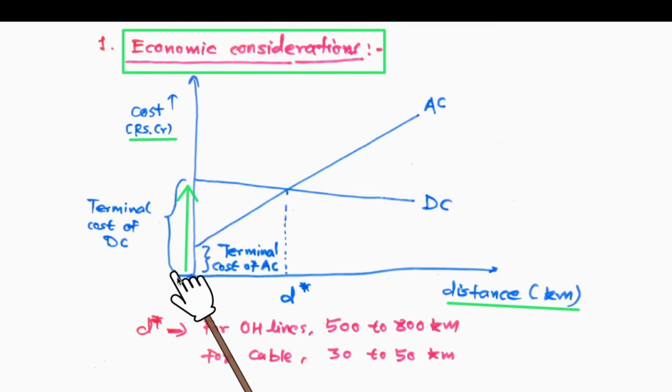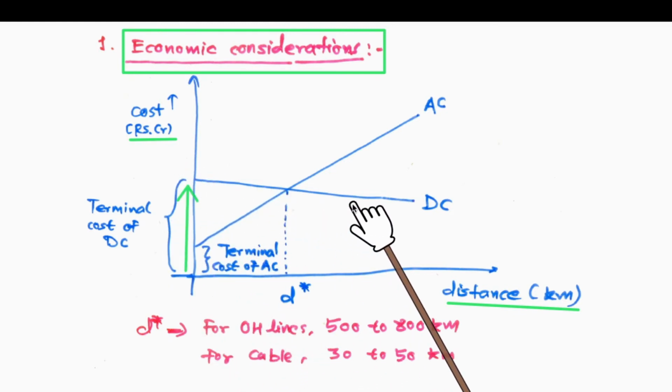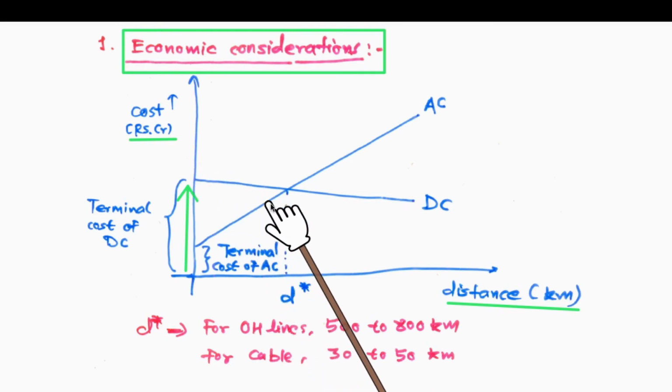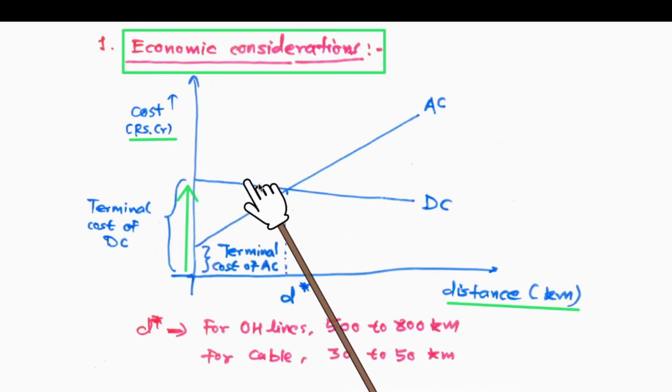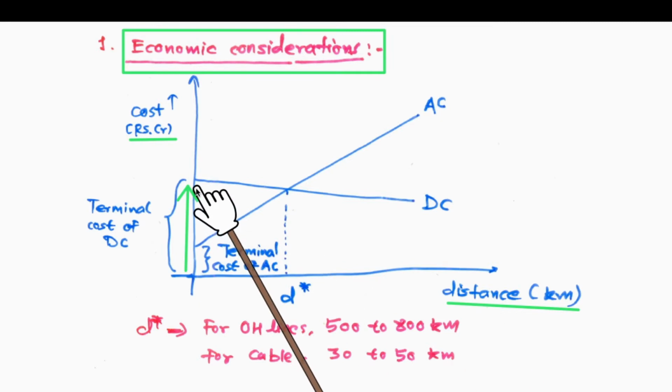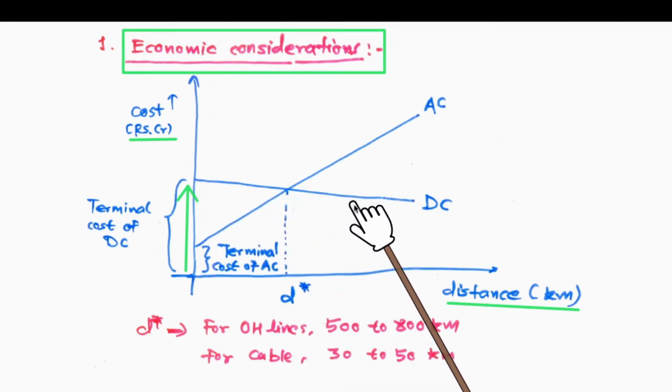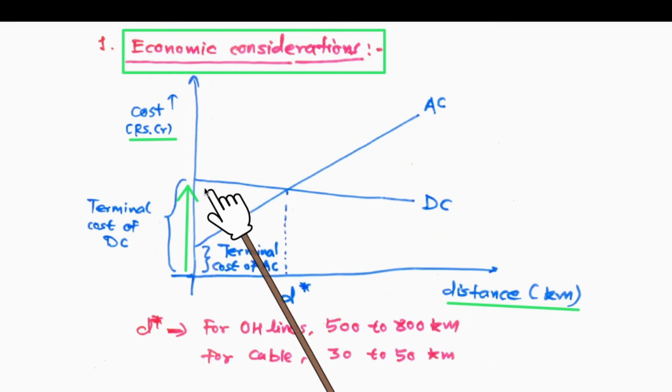Naturally, this is a one-time cost. Once the terminal is set, you can transmit the power. But observe carefully the nature of characteristics here. As transmission distance is increasing, the cost of transmitting power with increase in distance is a drooping characteristics.